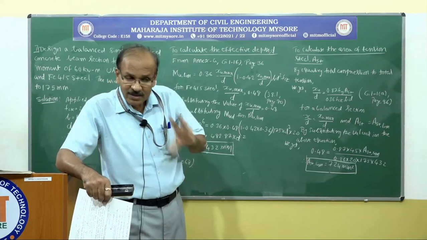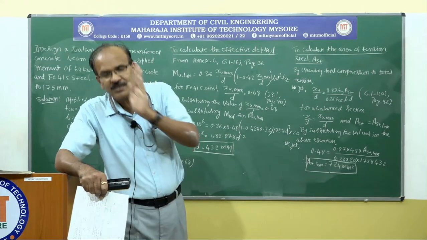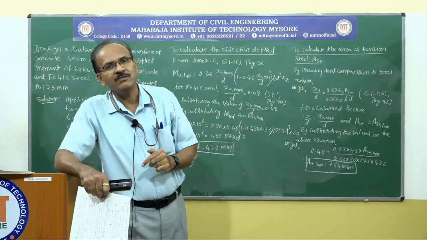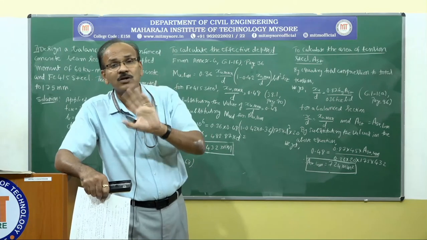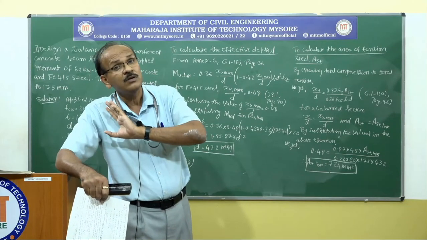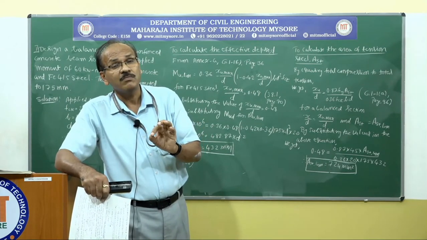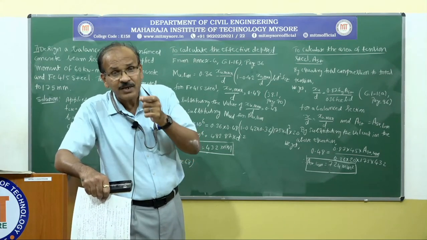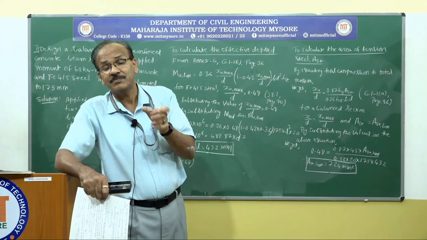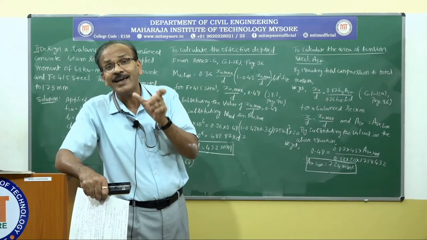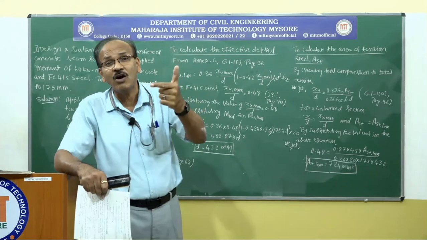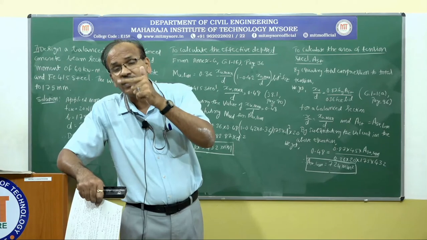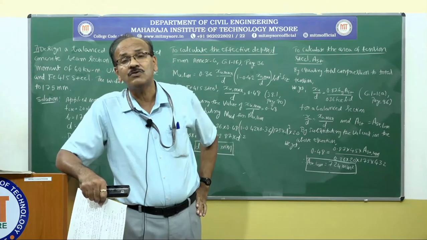Once the steel reaches its yield strain value, steel is not going to fail suddenly, because steel is ductile. It keeps elongating. That means strain keeps on increasing beyond the value of Fy divided by 1.15 Es plus 0.002.